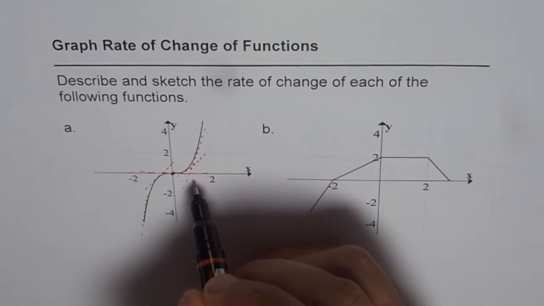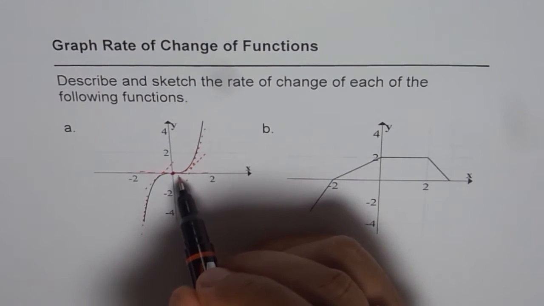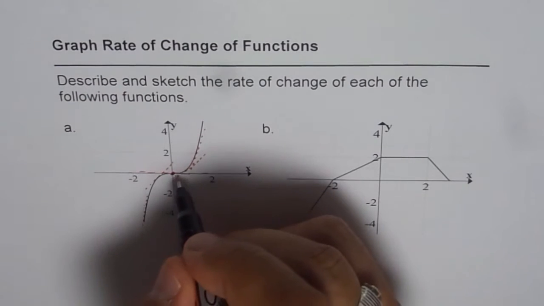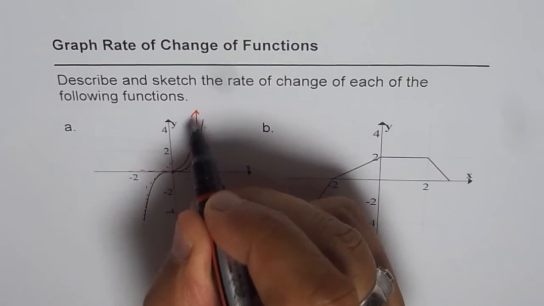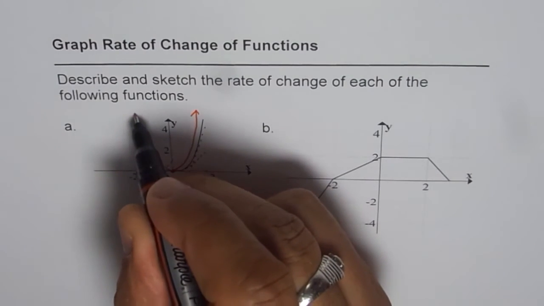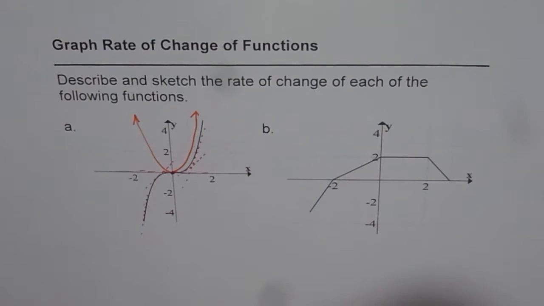If you find the values of these tangents, you will get the exact values, and if you sketch the graph, you will get a parabola. So I'm just sketching a parabola for you, and that is how we can get the rate of change of the given function.